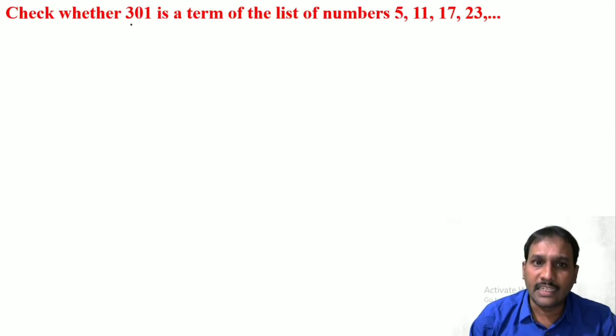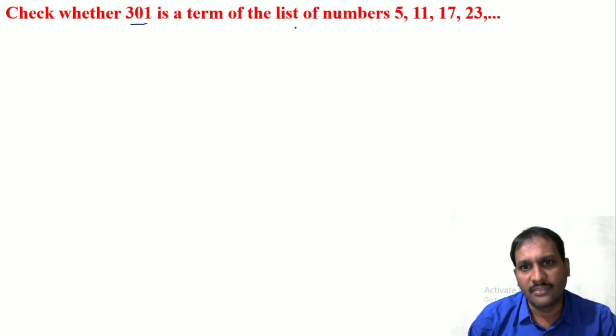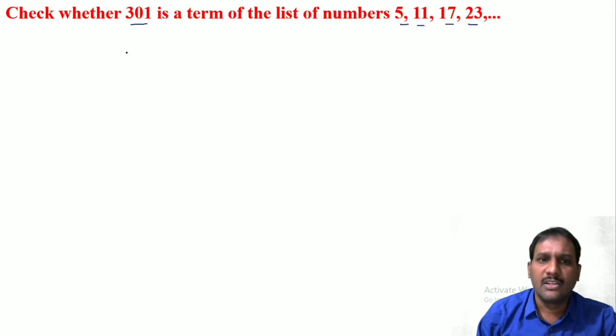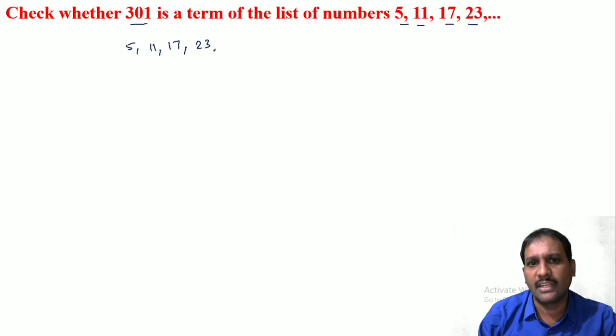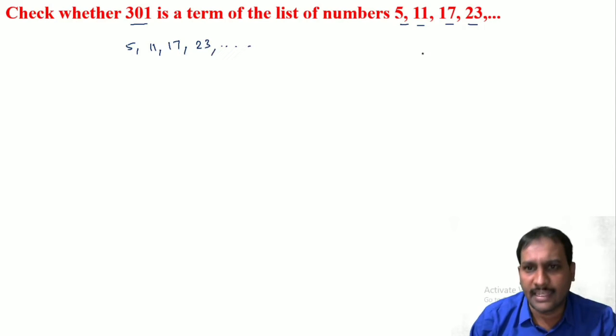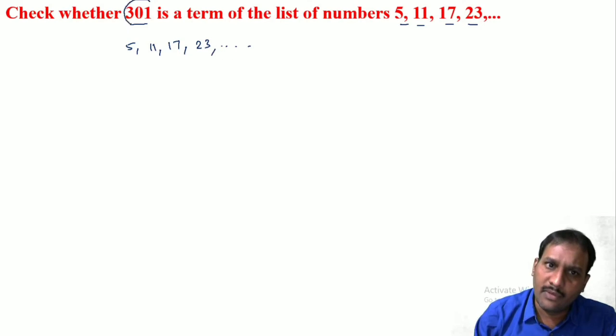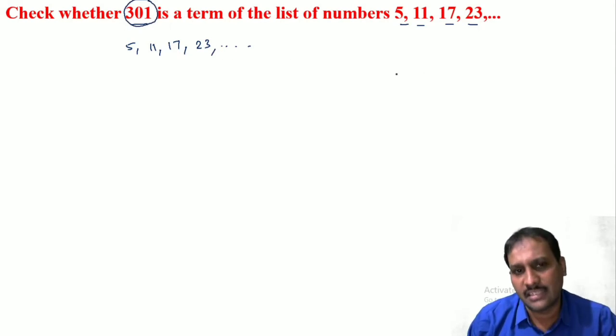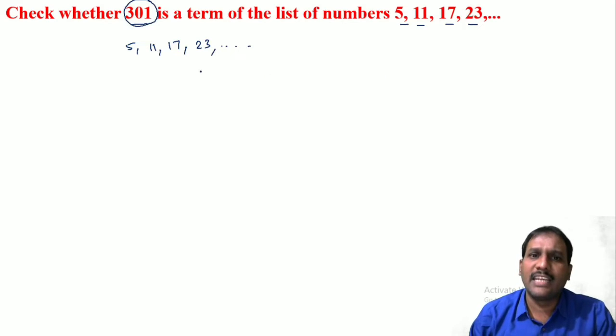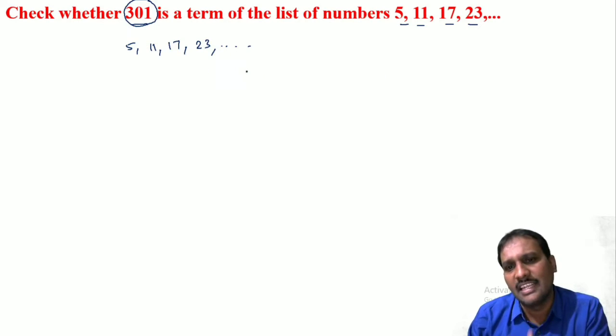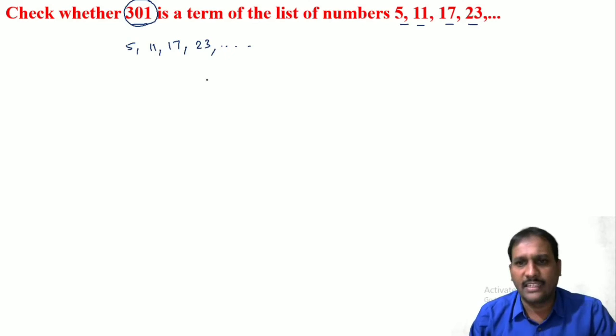Check whether 301 is a term of the list of numbers 5, 11, 17, 23. So what is the given AP? 5, 11, 17, 23. If you continue writing like that, will there be 301 in this list? We have to find whether 301 will be there in this list or not. So how to find that?